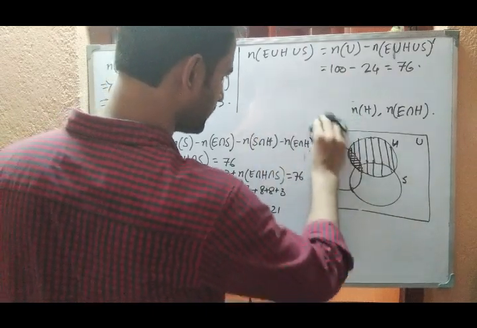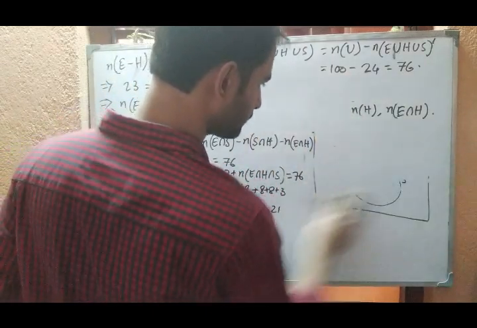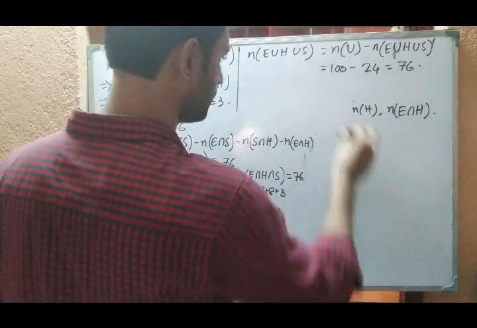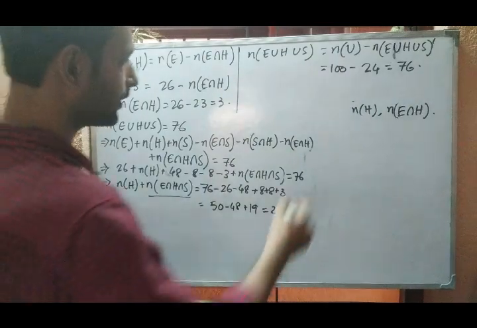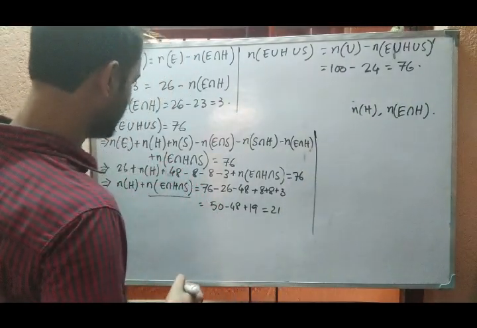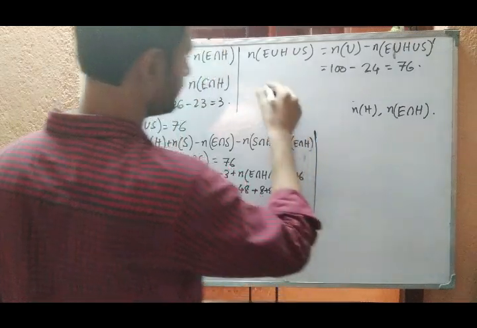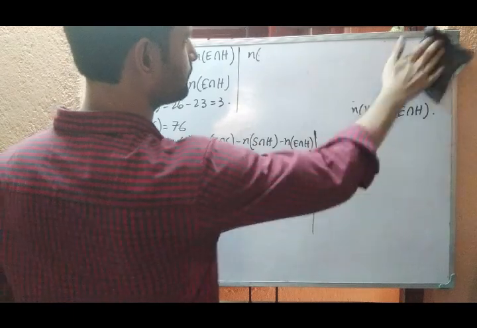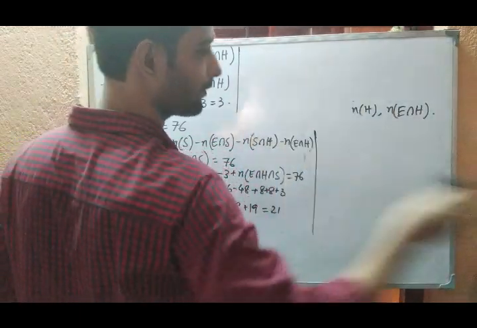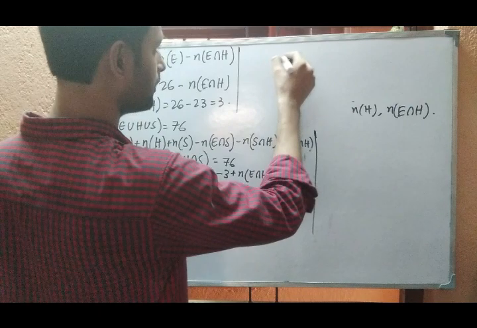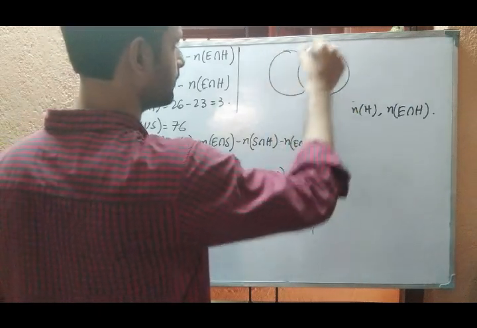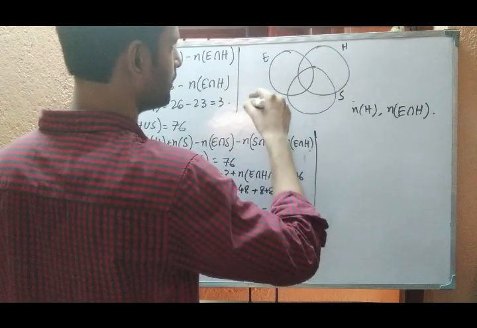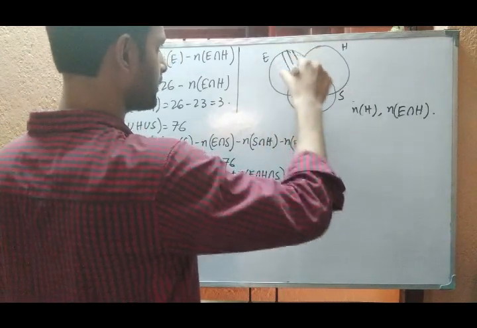Okay, I am erasing the Venn diagram. So see, another thing was given, that English only. So if the Venn diagram is like this, with E, H, S, then English only means this region.